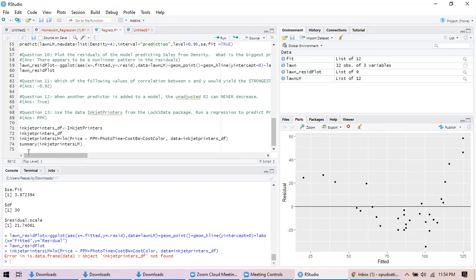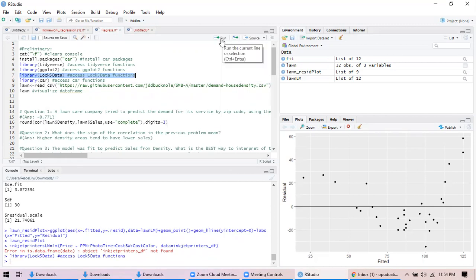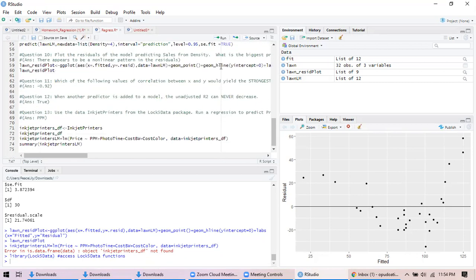Did we go up all the way to the top? We ran where inkjet printers is, right? It's in log 5 data. So try to go back to the beginning, scroll to the top. This one right here, yeah. Try to run that one, and then go back to the bottom, and then run line 71.